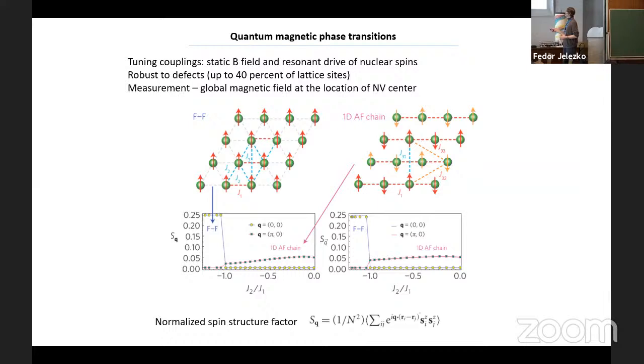So it's an order parameter that is transferred to the magnetic field as a function of the tuned coupling. And you can see the phase transition in this system. And that's very difficult to simulate on a classical computer. Of course, these results were simulated on a classical computer, but were done for very small numbers of spins. And so if you want to scale it up, it's a very hard task.